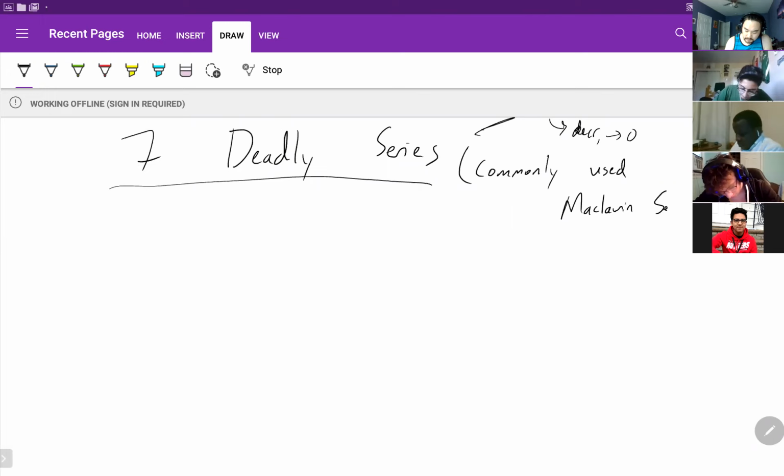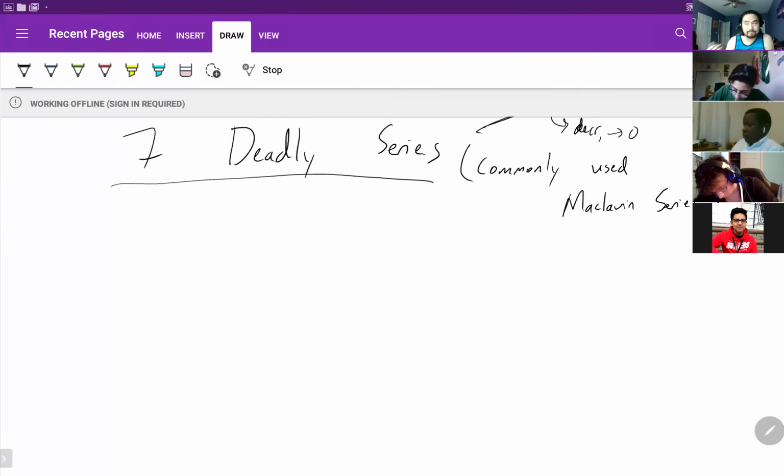These 7 series are probably the most commonly used Maclaurin series in calc. I'm just going to tell you what they are. I'm not going to go into where all of them come from. We've already come up with some of them, and I don't have time to do all of them. I usually do, but it sucks.